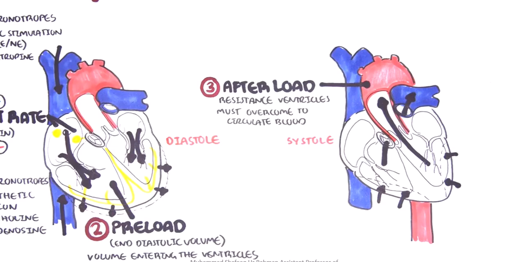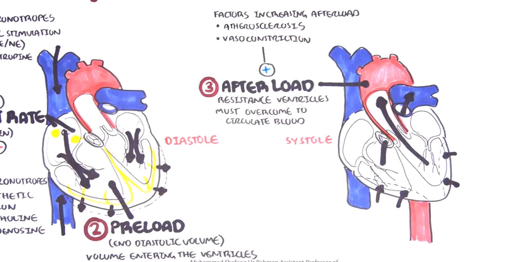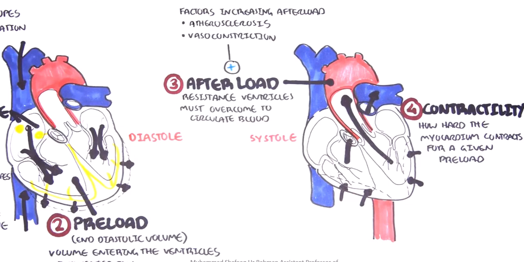Afterload is essentially the resistance the ventricles must overcome to circulate the blood. The things which increase the afterload are such as hypertension, atherosclerosis, vasoconstriction. These things increase the resistance and therefore increase the afterload.